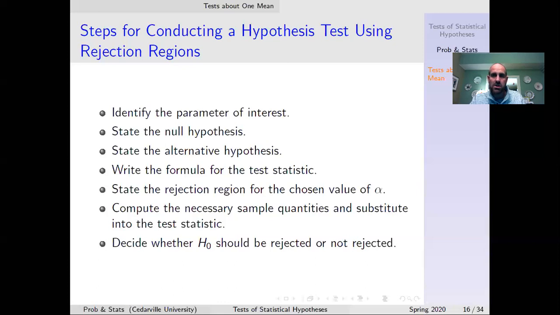Based on the test statistic, they get a p-value and compare that to alpha, and they make the decision based on that. But it's really the same thing, just stated differently, and we'll see how the p-value really is the same as the rejection region, and explain that later on.